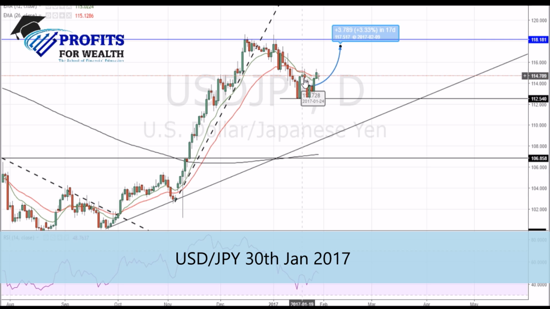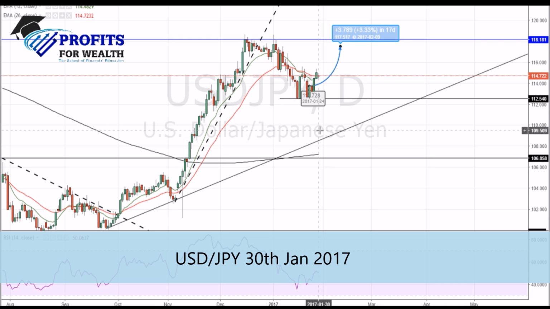But we didn't get involved last Monday, which I'm fairly sure was the 23rd of January, when I was analyzing markets. We said we have to test that support level. Now we have the support level at the price of 112.54, to see if it's going to break below that point or bounce from that price.